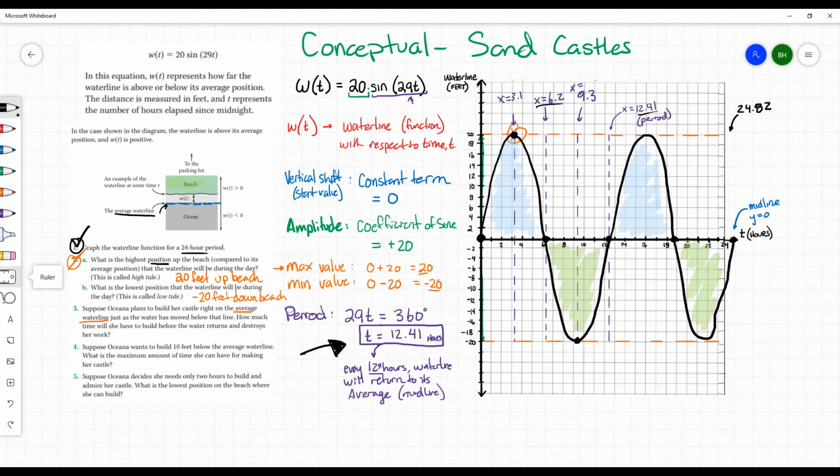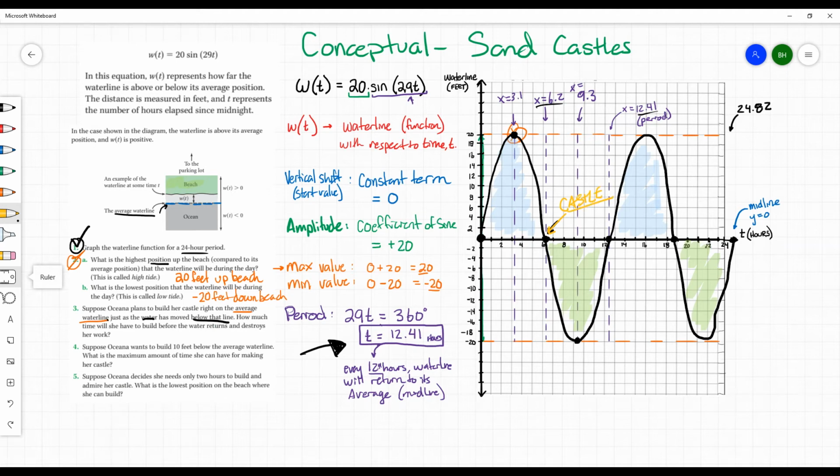So in this problem, it says that she would like to build a sandcastle on the average water line just as the water has moved below that line, which means that she's going to start right here, her sandcastle building. Let me get a yellow. Castle.